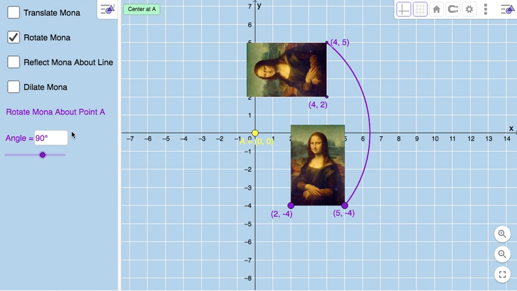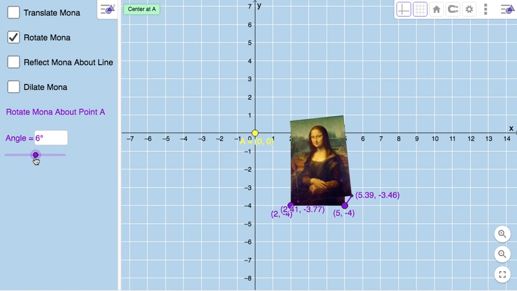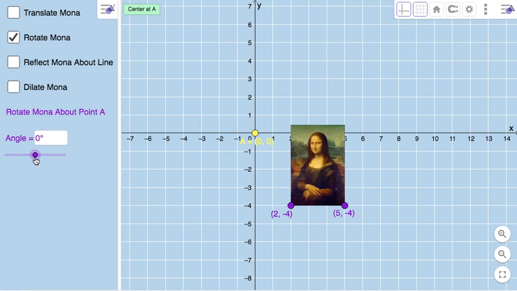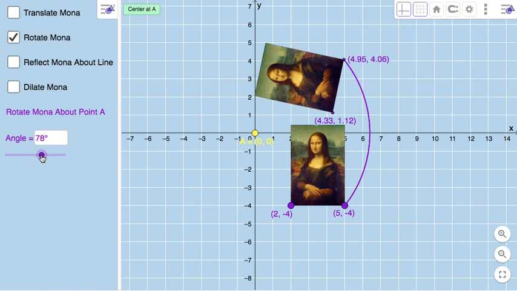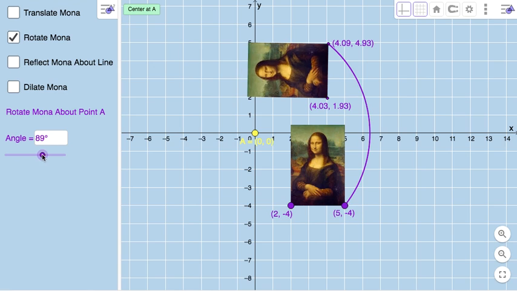So notice that we have Lisa, which is originally down here with these coordinates. The main points I'll focus on are the purple ones. So if I were to rotate this 90 degrees, notice that the x and the y coordinates swapped out, and the y coordinate that's now in place of x is negative.